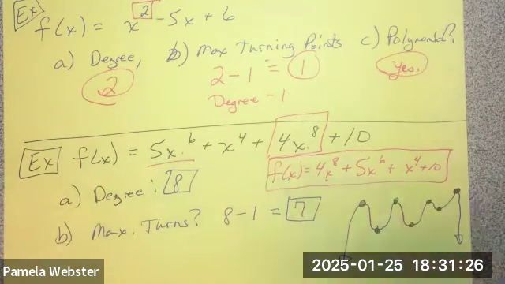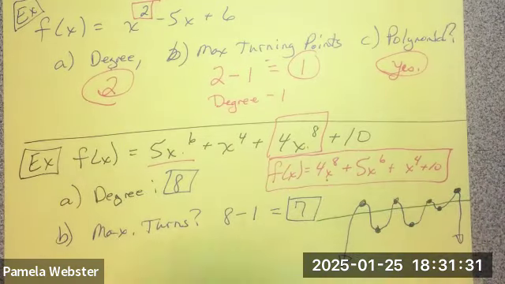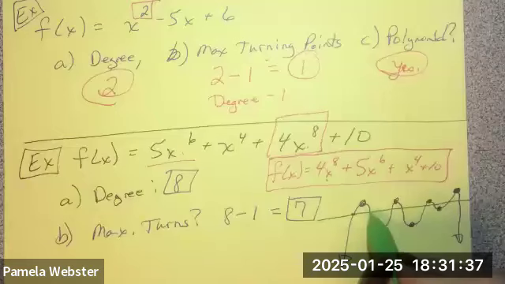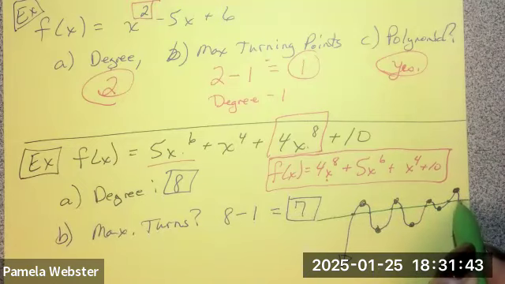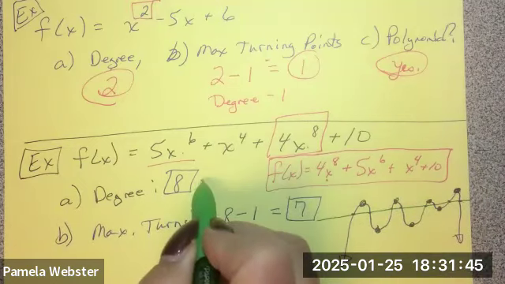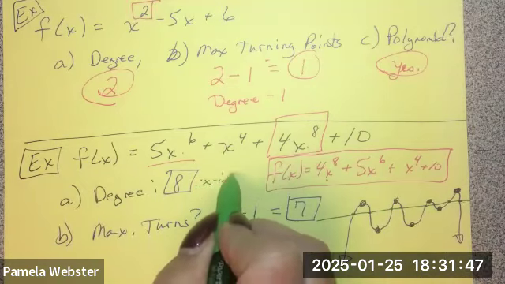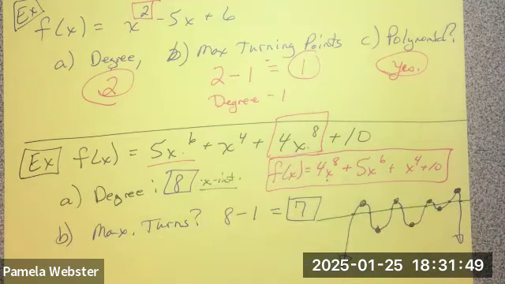By the way, let me just kind of throw a line through here. Let's assume it's horizontal. I know it's kind of tilted. How many x-intercepts would there be if this was the x-axis? 1, 2, 3, 4, 5, 6, 7, 8. That goes with the degree, right? There's degree 8, and there's 8 x-intercepts.